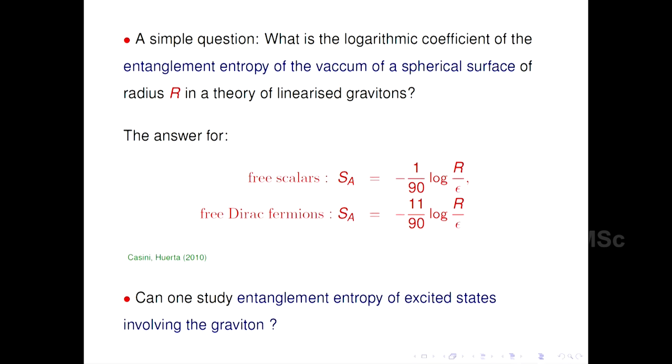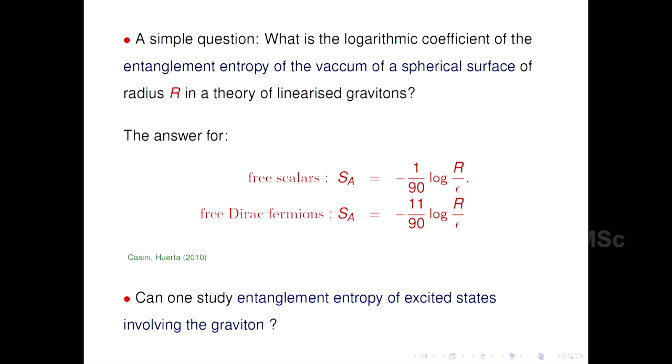But when you partition a region into two parts, especially in even dimensions, there is a logarithmic growth term, and that is the renormalization group invariant term. You just partition it into a sphere and ask the question, what is the logarithmic coefficient of that entanglement entropy?